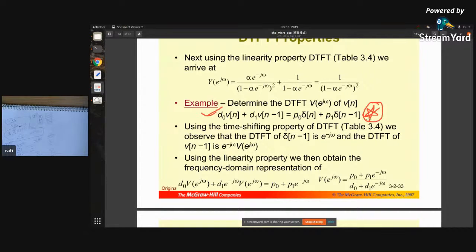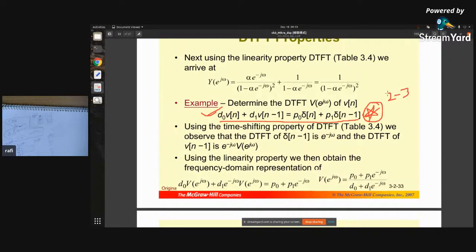If you can implement this equation in MATLAB or Python, change the d0, d1, p0, p1 values, attach some plots and give your opinion, I may give some bonus marks, at least 2 or 3 marks in the lab.